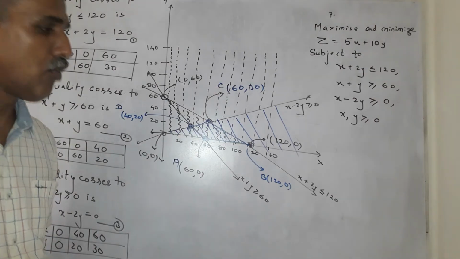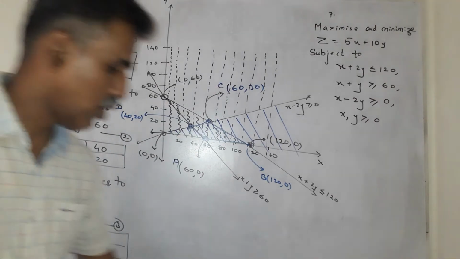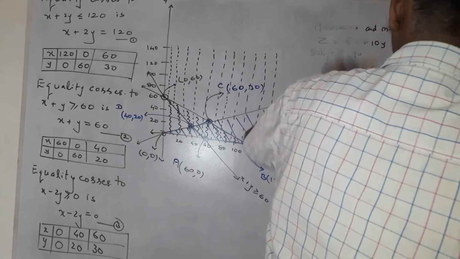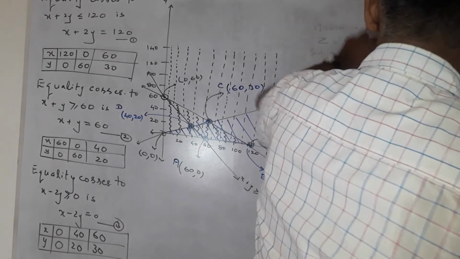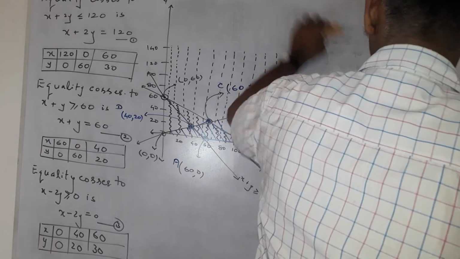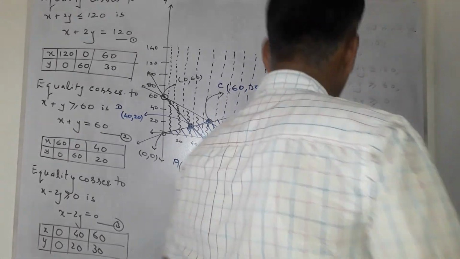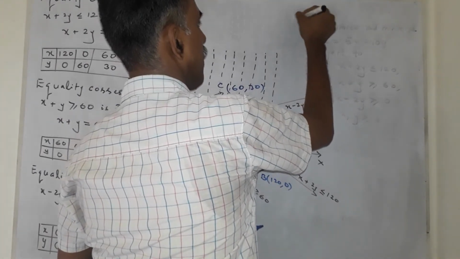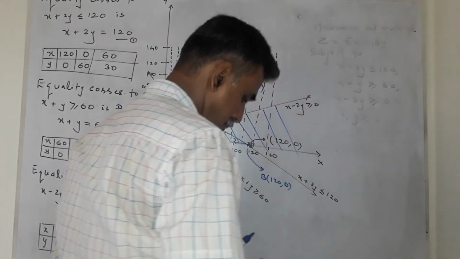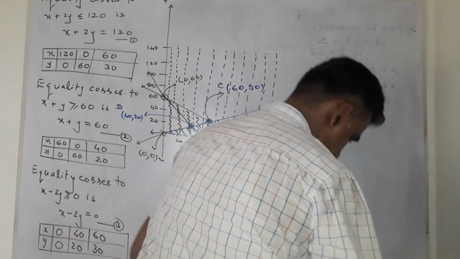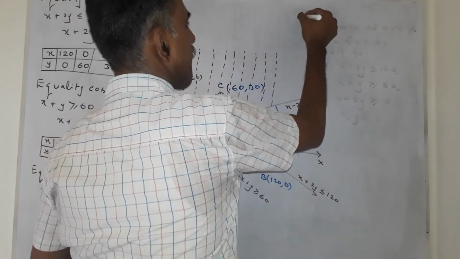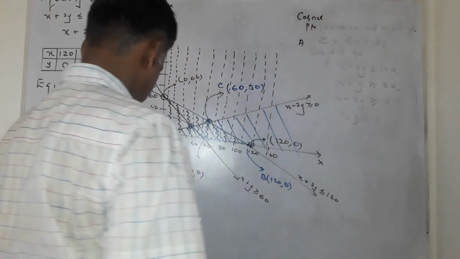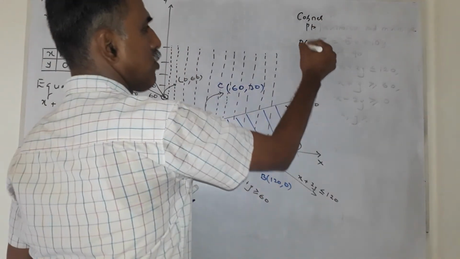Let us get the value of the objective function for these corner points. So we have 4 corner points. First one is A, 60, 0.